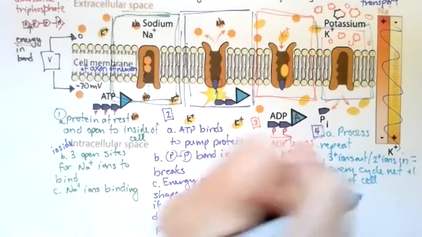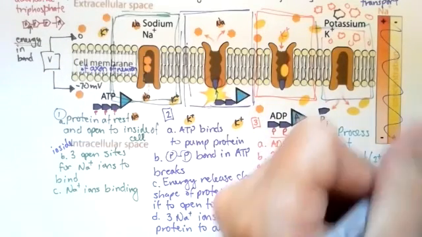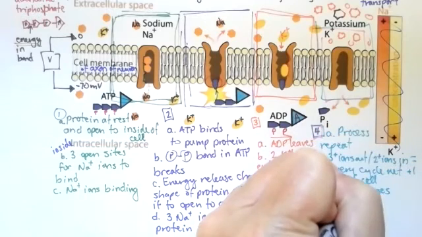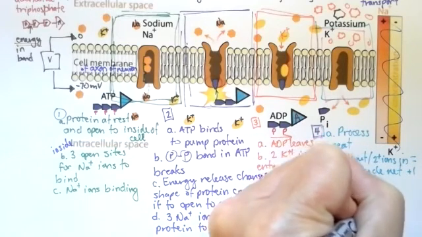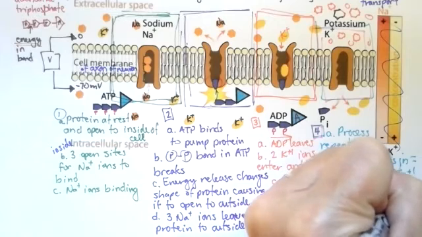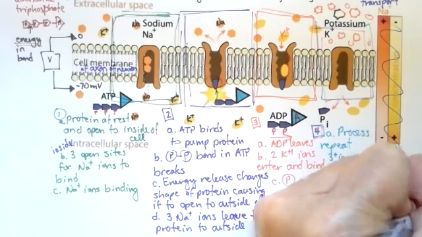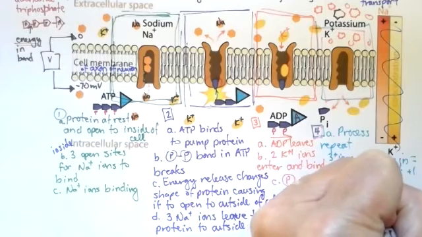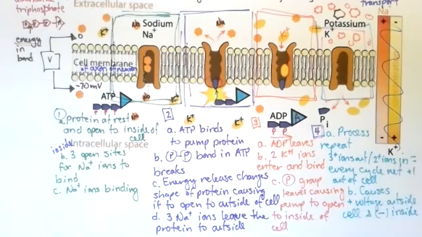So the end result is that the whole purpose, this causes a positive voltage outside the cell and negative inside. And what we're going to see now that we've tackled all of the review material is that this voltage difference is what allows the nerve impulse to spread down a neuron.